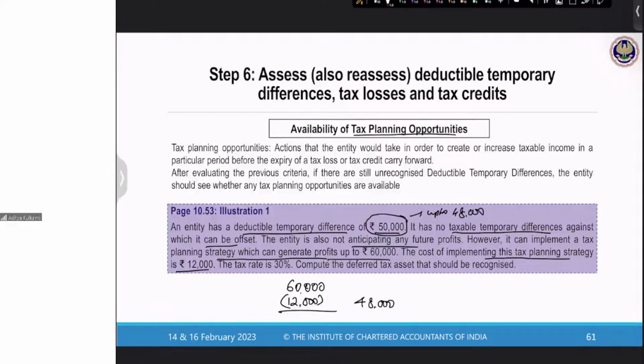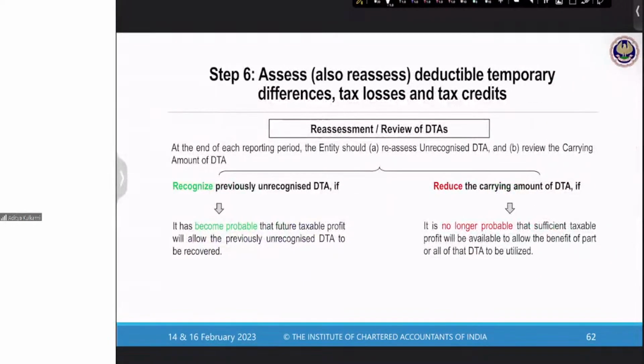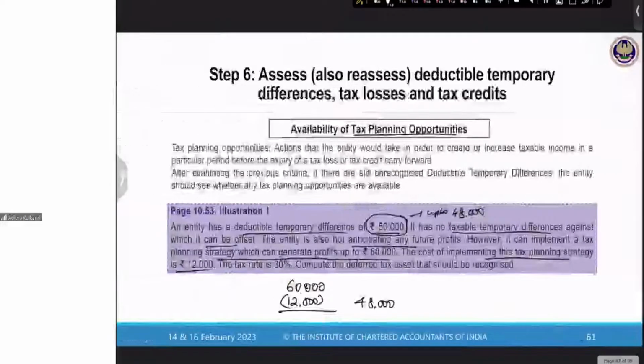So this is what you have as far as tax planning opportunities are available. And you will have to reassess or review the DTAs every year. You recognize a DTA because you have a tax planning opportunity.